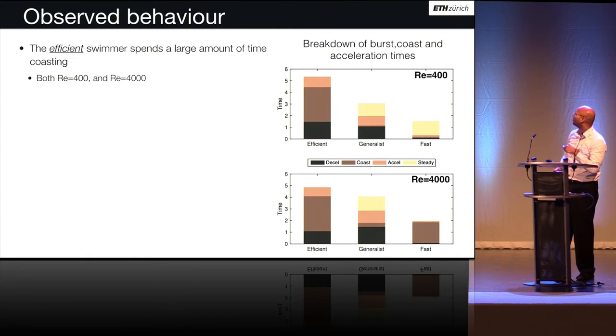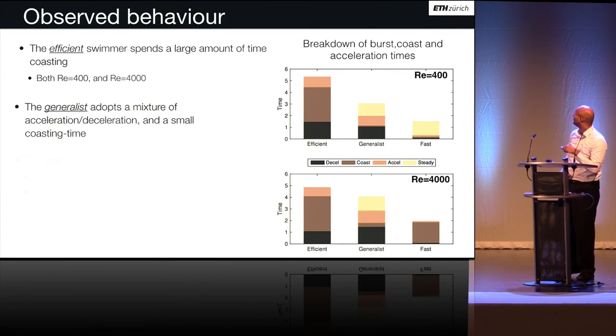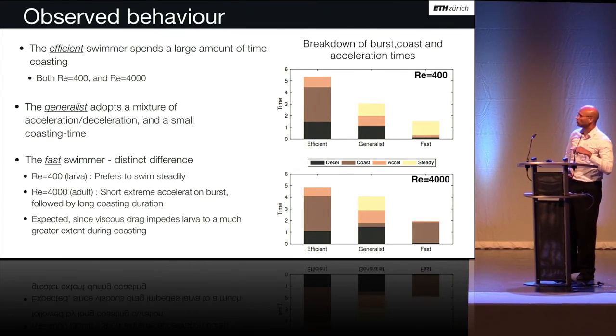That's the light gold. And you spend some time decelerating and accelerating. The biggest difference actually comes in the fast case. So again, we've already talked about the reason why, but here you can see it very clearly. The fast larva prefers to swim steadily, but the fast adult prefers to do a lot of coasting. Okay?